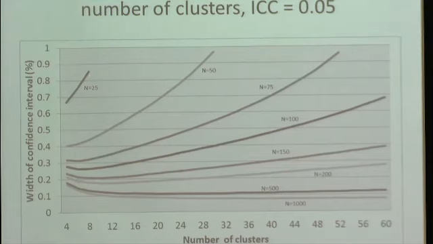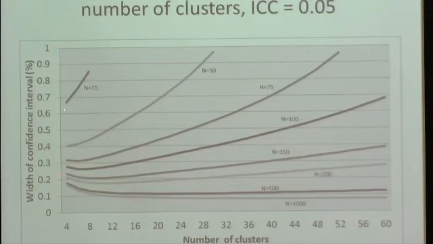So what these show you is the number of individuals in a study, and along here you've got the number of clusters in the study. So what you can see, if you've only got 25 individuals in your study, and it doesn't make sense, obviously, to have a large number of clusters if you've only got a small number of individuals. But if you've only got a small number of individuals, then the width of the confidence interval for your ICC is absolutely enormous.